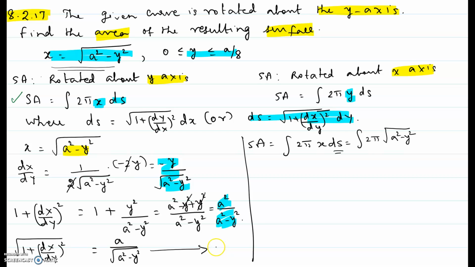So it is a over the square root of a squared minus y squared dy.